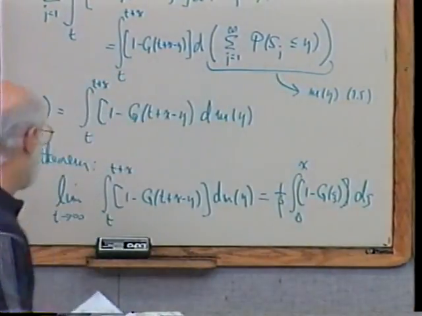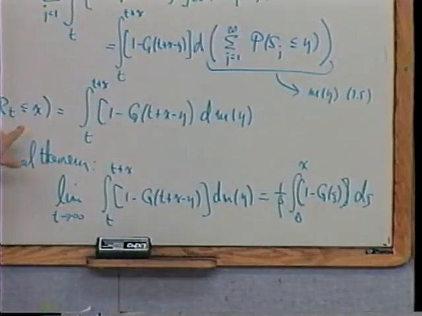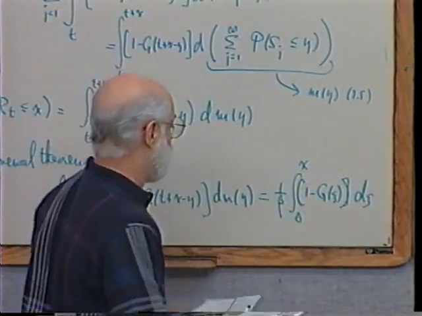Which of course is what we want to prove, because we want to prove that the limit of this probability as t goes to infinity is given by this result right here.